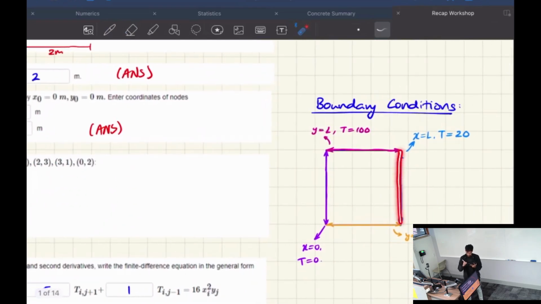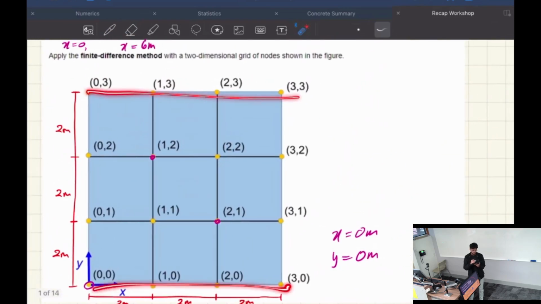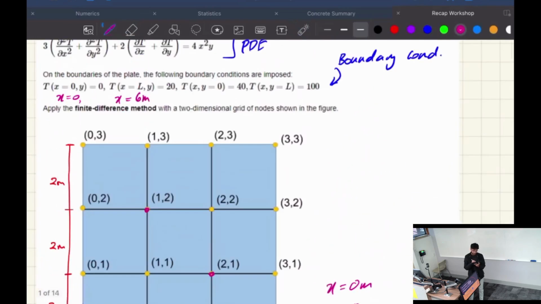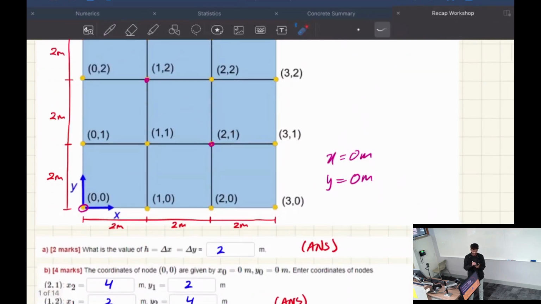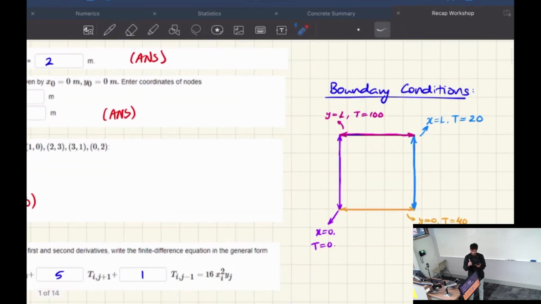The temperature on that side is just 20 degrees. Cool. We can do similar things for up here. When y equals 0, that's the bottom boundary down here, they've given us that the temperature is 40 degrees. Yeah?